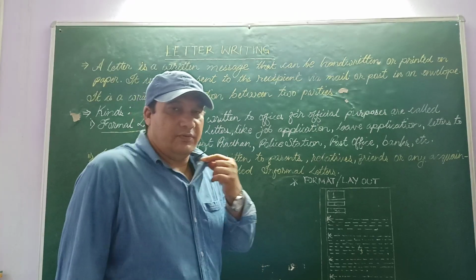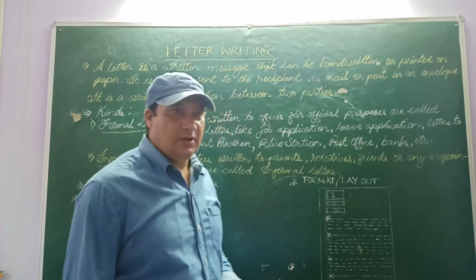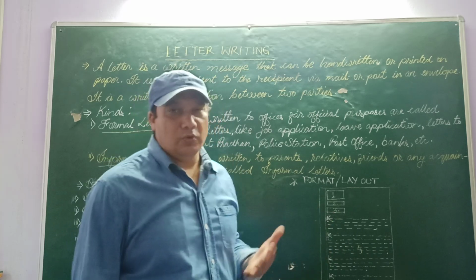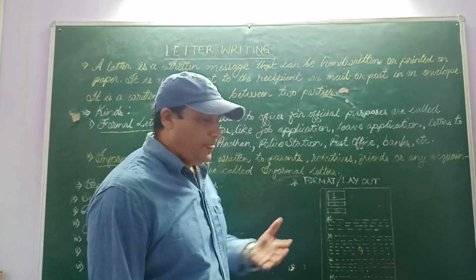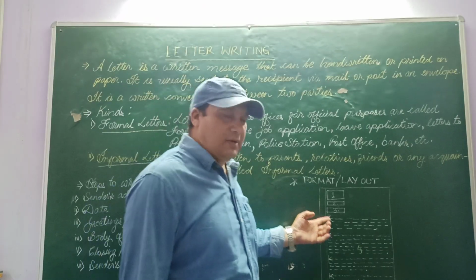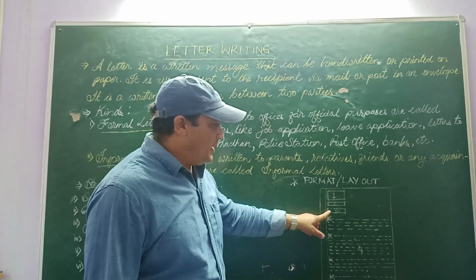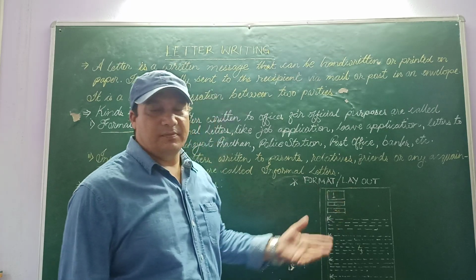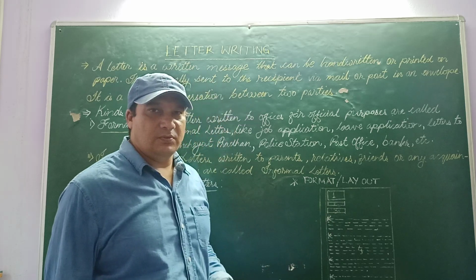Do not write the word friend, write the name of the friend because it's already known to whom you are writing. In your friend circles, we know each other by our names, so we generally call the name. That's why write the name, don't write the word friend. My dear Sonu, my dear Anjali, whatever be the name that you write, right? Then put a comma. This is what we must do.